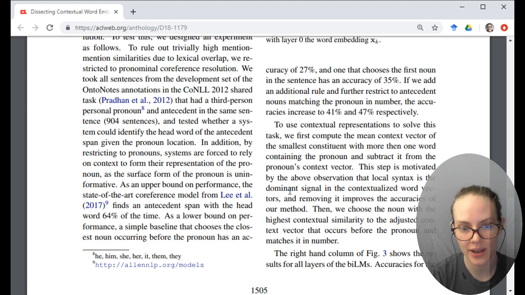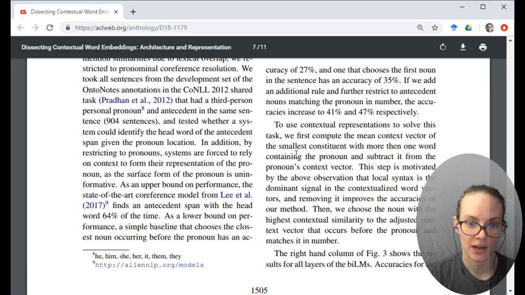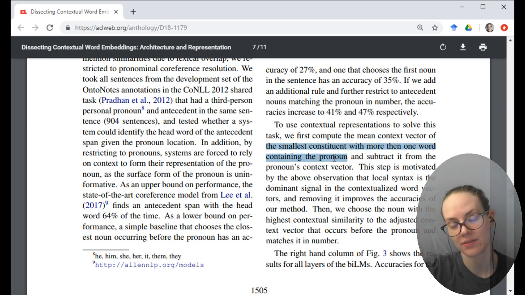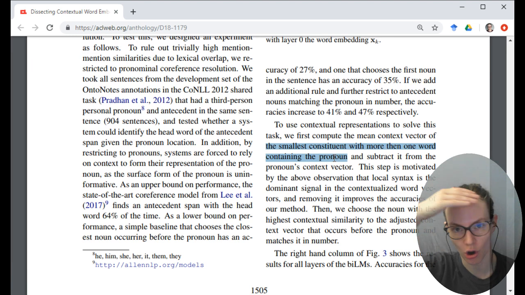Okay, so they are doing some labeling by hand here. They need a label of the smallest constituent of more than one word containing the pronoun, so they need to know where the boundaries of that constituency structure are.